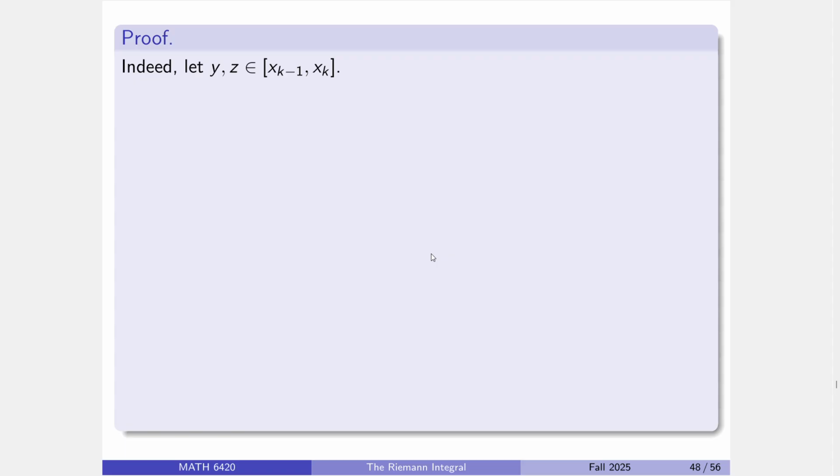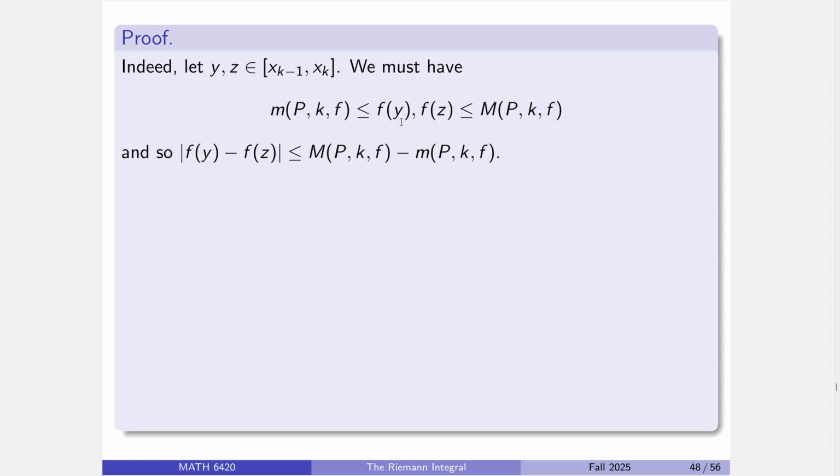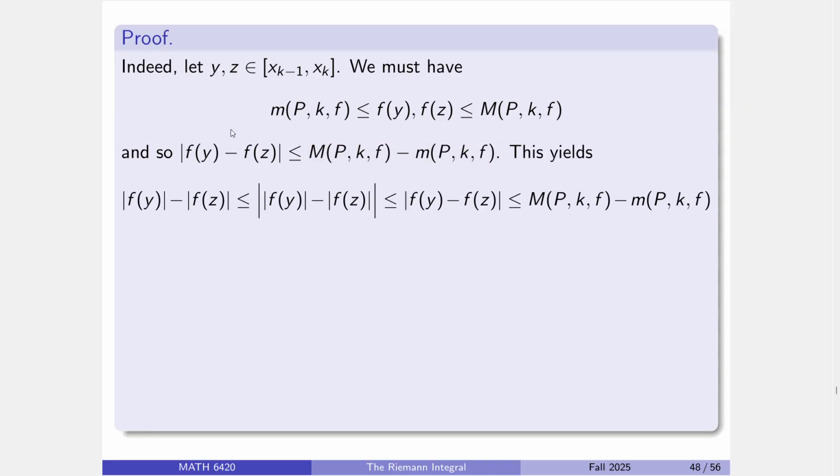Well, pick any two points in the partition. Those two points are bounded above and below by these sups and infs, and note that would mean that in absolute value, these don't exceed the difference of the two. Which means that now, when I look at the absolute value of this minus the absolute value of that, by a rearranging of the triangle inequality, I know that this does not exceed that absolute value, which is less than or equal to this, which is less than or equal to that, and oh, hey, look.